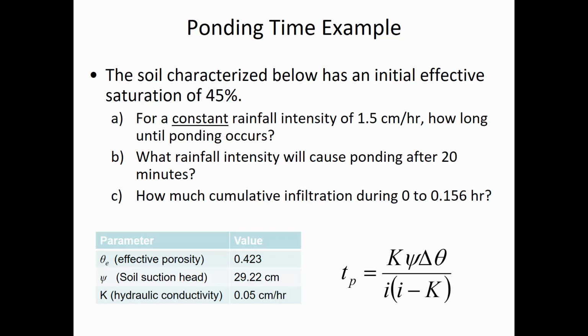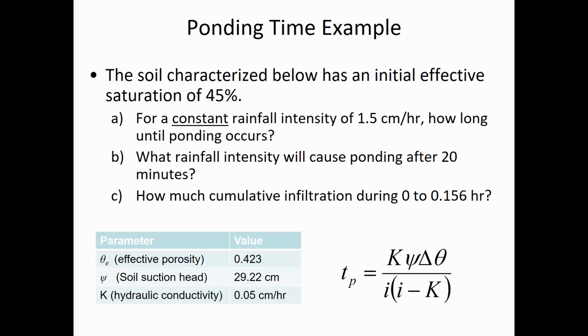And now I, 1.5 centimeters per hour. And then the difference between I and K, 1.5 centimeters per hour minus 0.05 centimeters per hour. So you can calculate the time of ponding directly. It's 0.156 hours.